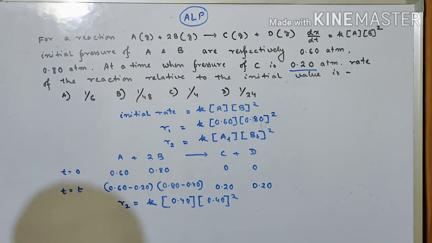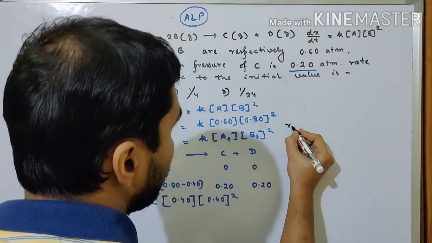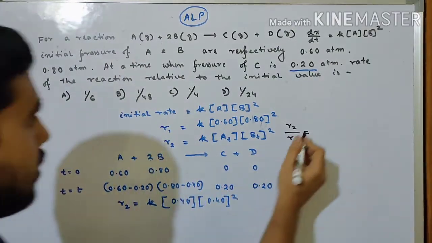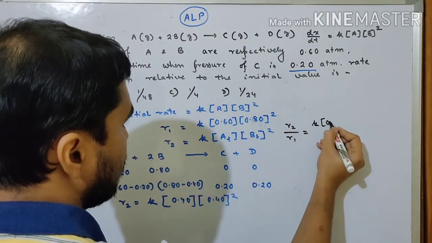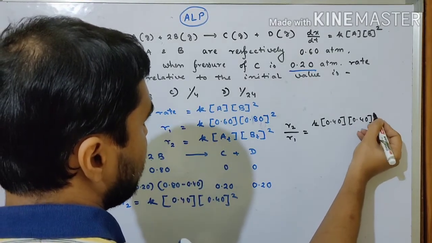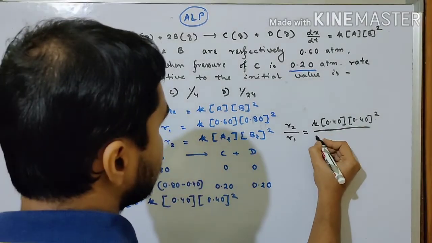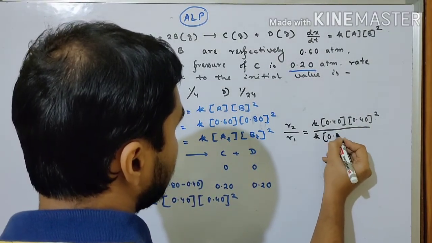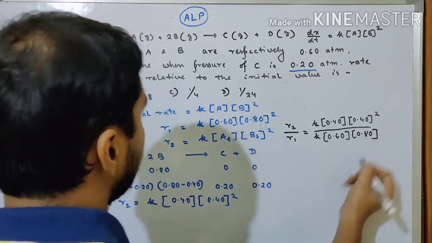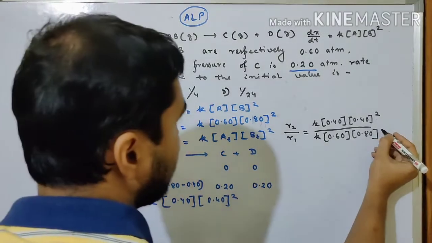Now R2 by R1, if I write, it will be K into 0.40 and 0.40 square, and here R1 is K into 0.60, 0.80, but here it is square, of course.